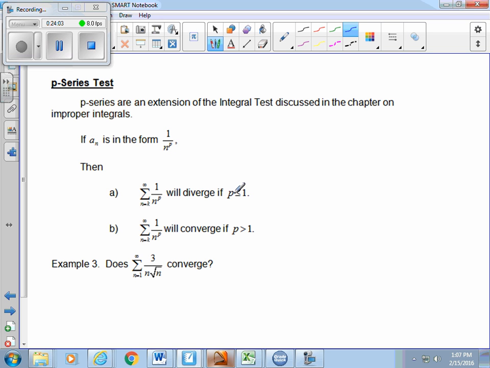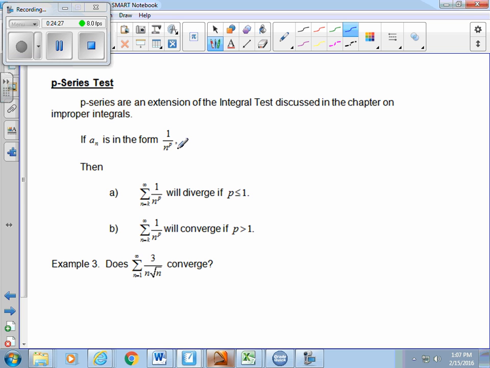If p is less than 1, like 1/2, and especially if we were negative, it would throw it to the numerator, right?